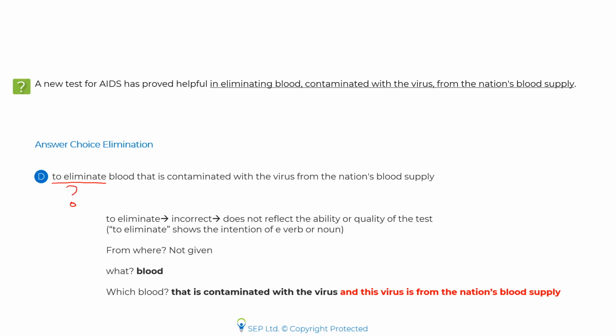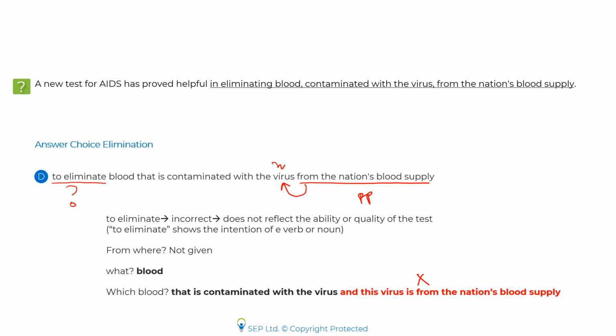Also, if you look closely, "from the nation's blood supply" is a prepositional phrase, and it is placed next to the noun "virus." People reading this sentence for the first time might think that the virus is coming from the nation's blood supply, which is definitely what the original sentence was not trying to convey. And that creates an error as well.